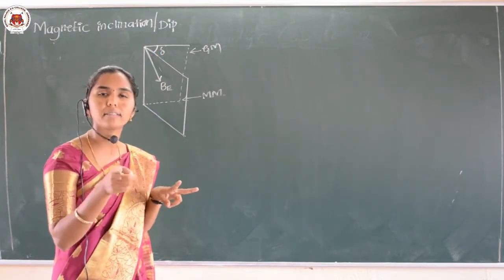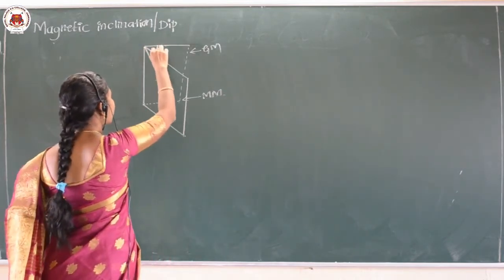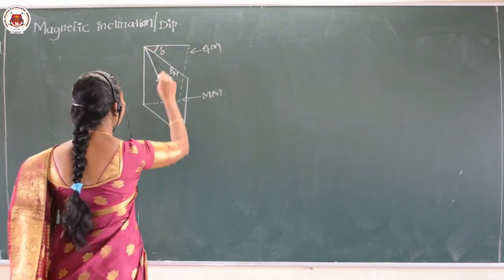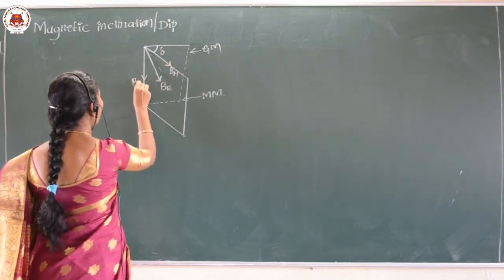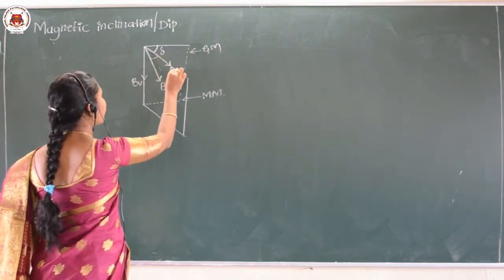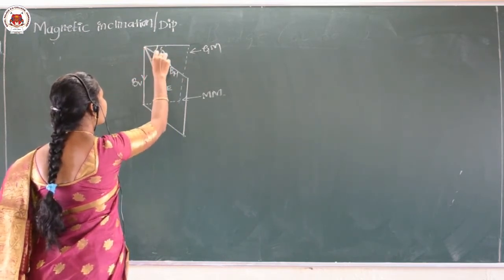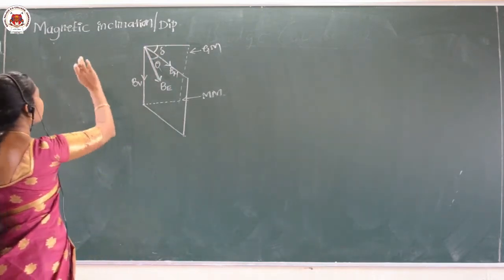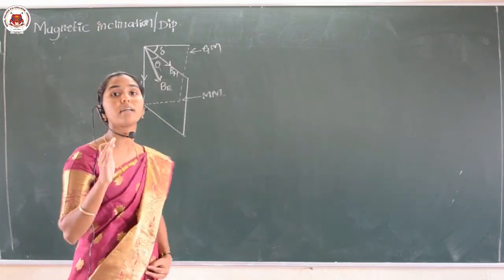One will be the horizontal component, another will be the vertical component. Let us take this as the horizontal component, I call it BH. Similarly this is the vertical component. And between the horizontal component and the total earth magnetic field, you can see one angle here. Am I right? Then this angle is nothing but the magnetic inclination or the dip.